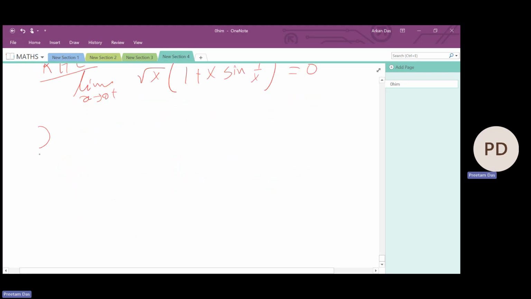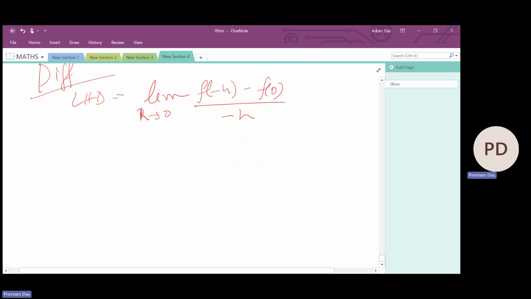For differentiability, this is very simple. Let us look at the left hand derivative. Left hand derivative itself gives you the answer. Limit h tends to 0, f of minus h minus f of 0 divided by minus h. So this will be limit h tends to 0 of minus square root of h, 1 plus h sine 1 over h, divided by minus h.